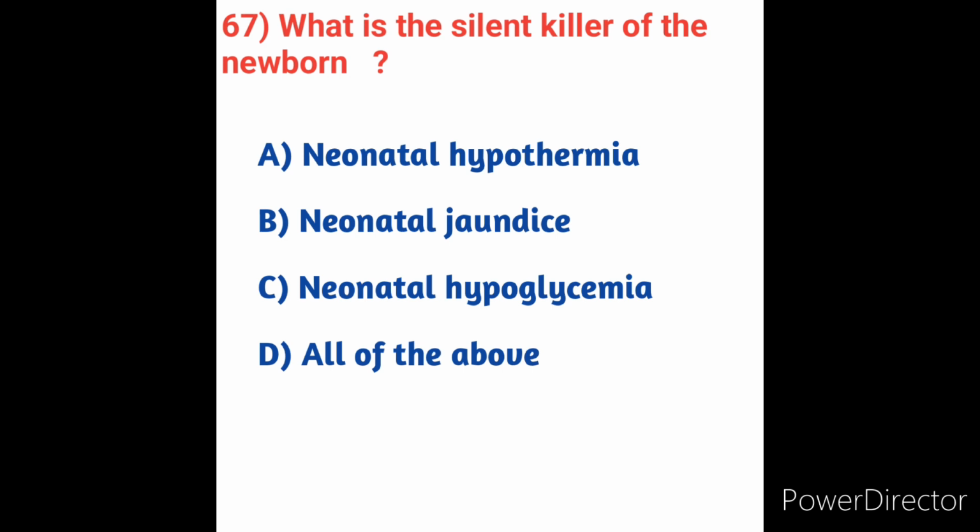A newborn or child's silent killer disease is hypothermia. In adults, a silent killer disease is hypertension.